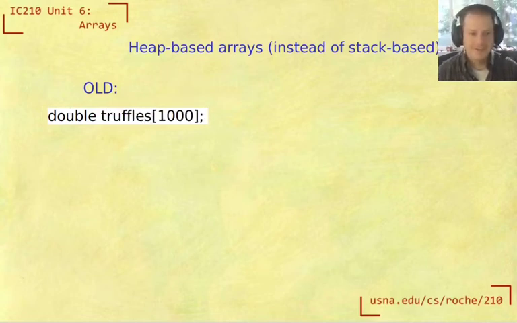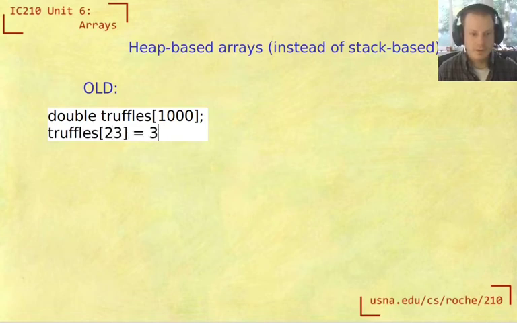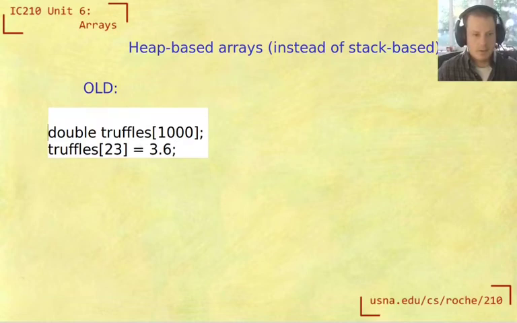I like truffles. So double truffles of size 1000. So that's an array of 1000 truffles, so 1000 doubles. And then we can access this like truffles 23 equals 3.6, something like that. So that is what's called a stack-based array, and we'll see what that means.